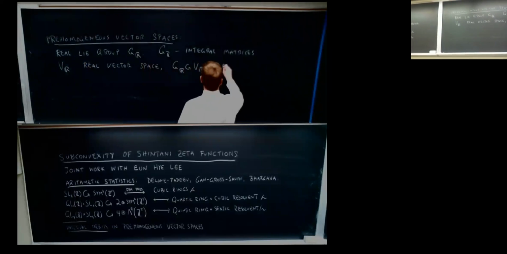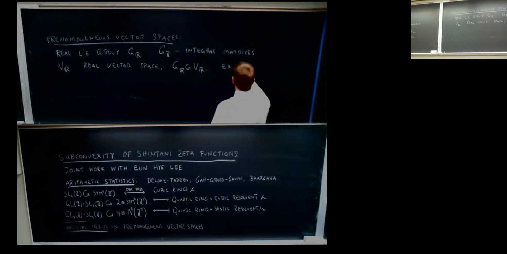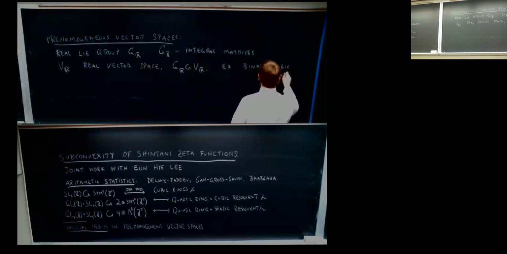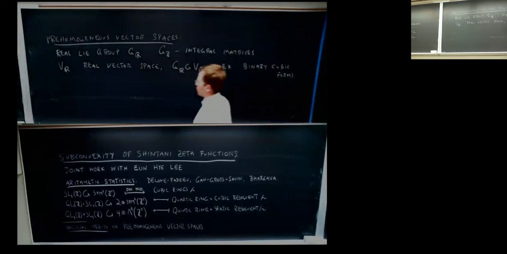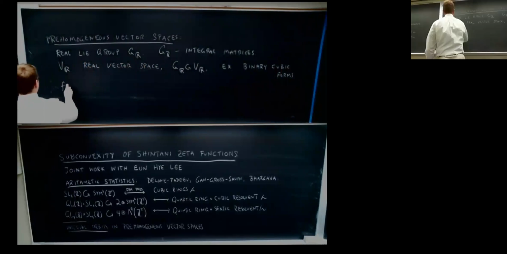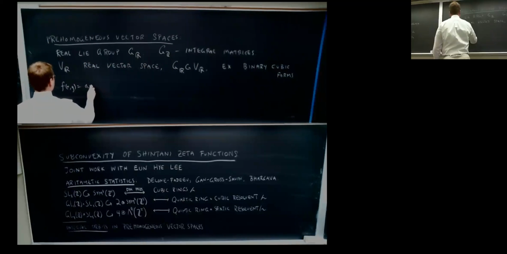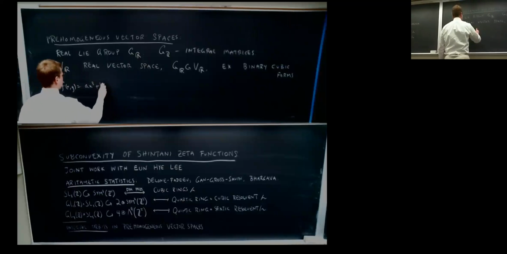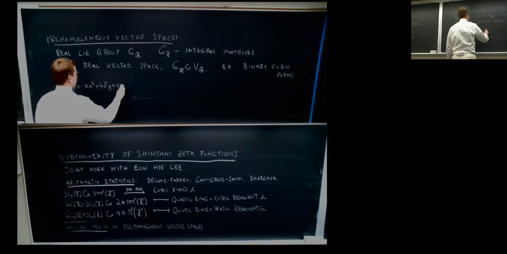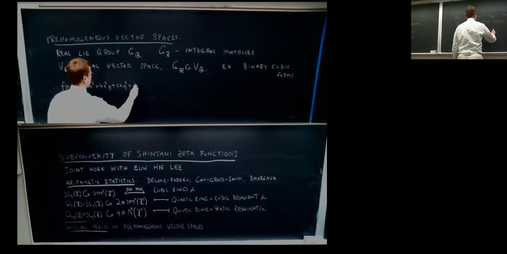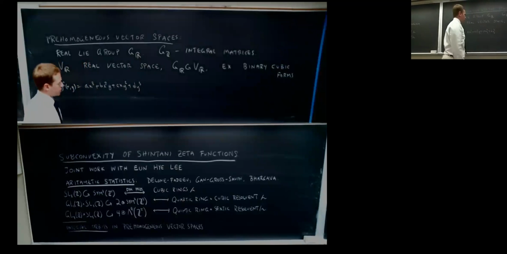Just for example, take binary cubic forms. F of x, y is a x cubed plus b x squared y plus c x y squared plus d y cubed.